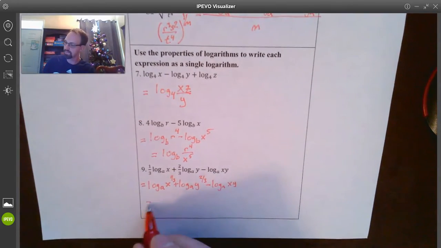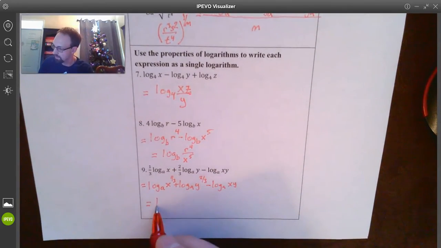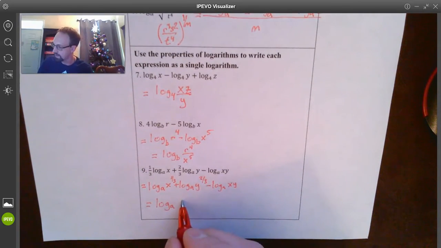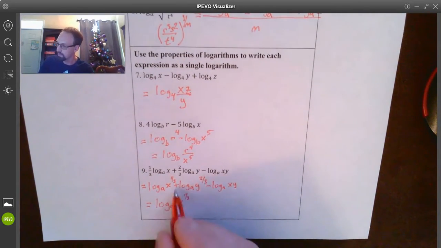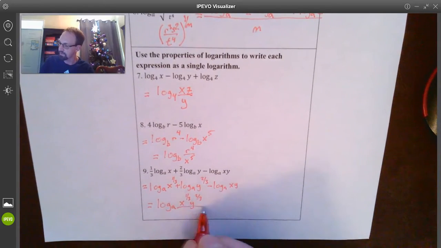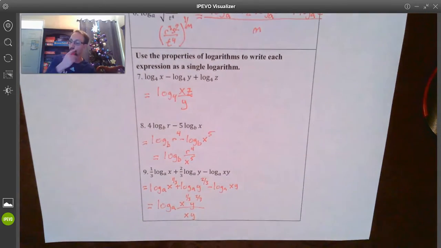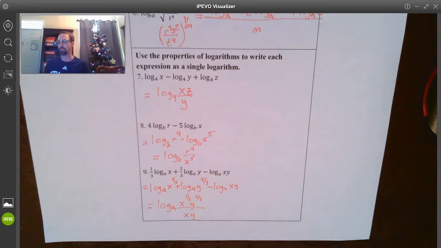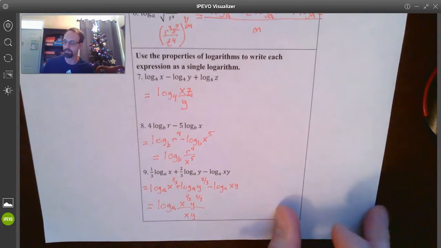Now combining this, we have log base a of x to the 1/3 plus, so that's going to be multiplied, y to the 2/3, minus, so we're dividing by x and y. Note that our x and y in the denominator is rationalized because they have positive integer exponents. So we are good with this, and we've condensed all of these to a single logarithm.